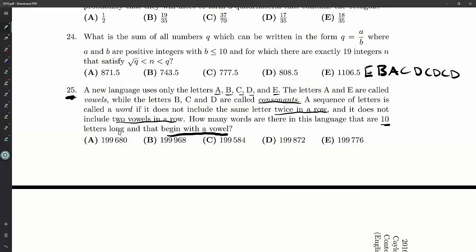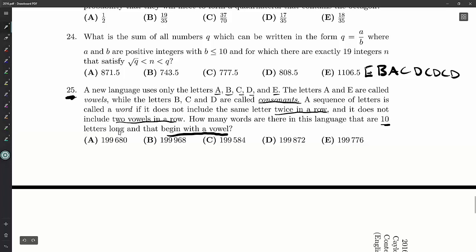And languages like this are very, I think, recursive. I think this is going to be a recursive language. That is to say, you can make bigger words by starting with smaller words and tacking things on. I think that's a good avenue to explore here. Okay, we'll see. Maybe the numbers will be a little nice.